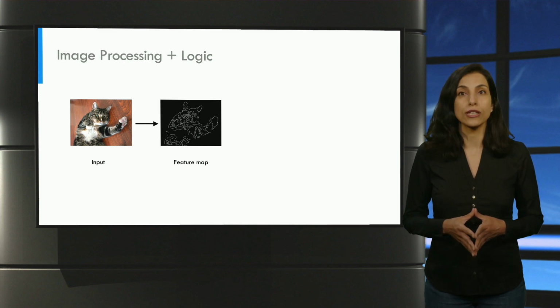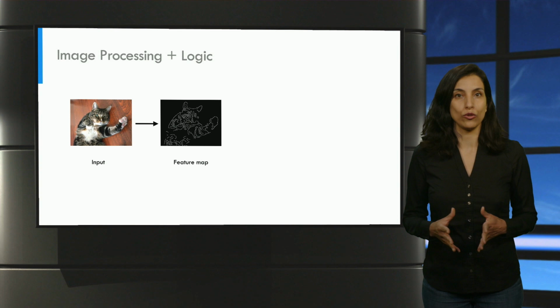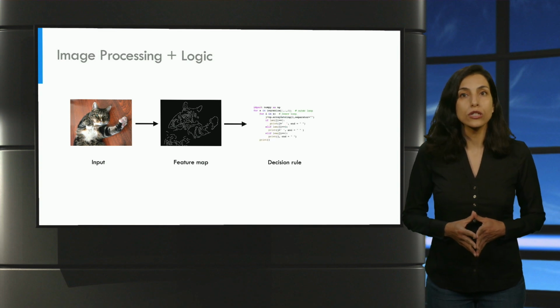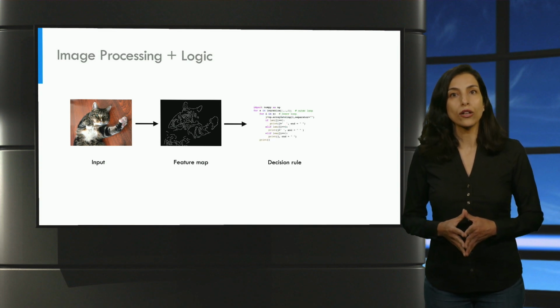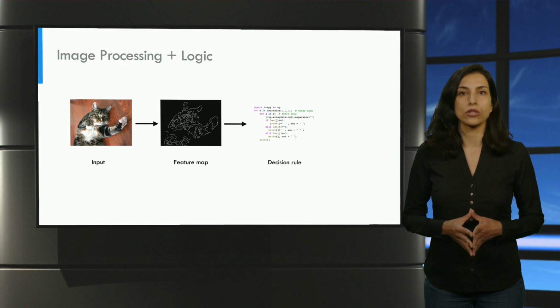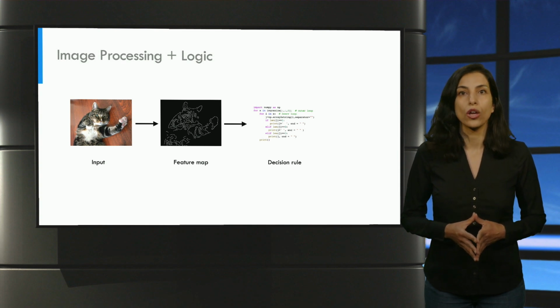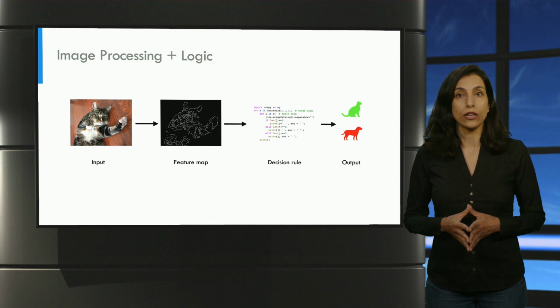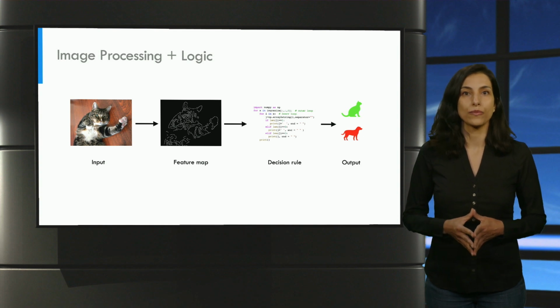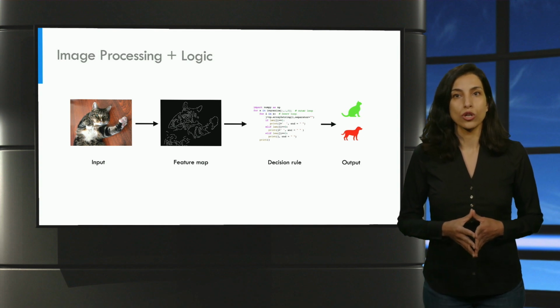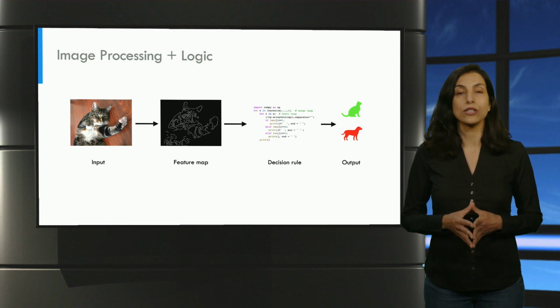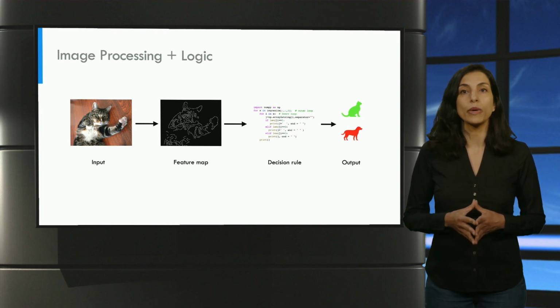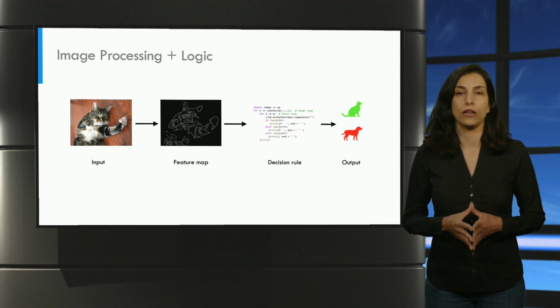The transformation is performed using 2D convolution. The features are then given to an algorithm that classifies the images based on some logics. For example, if pointy ears, then it's a cat. In this approach, our knowledge about the world is used to construct rule-based algorithms to understand the image.